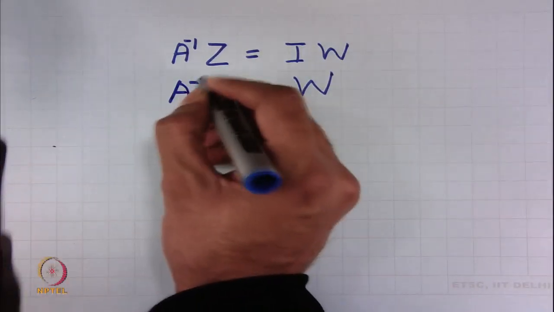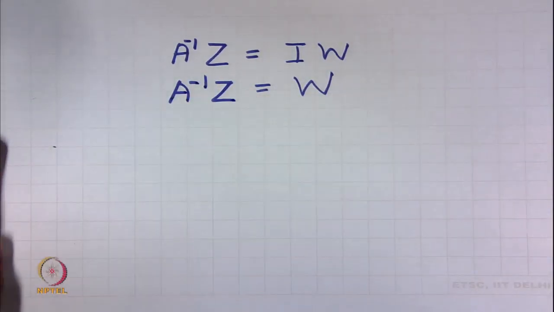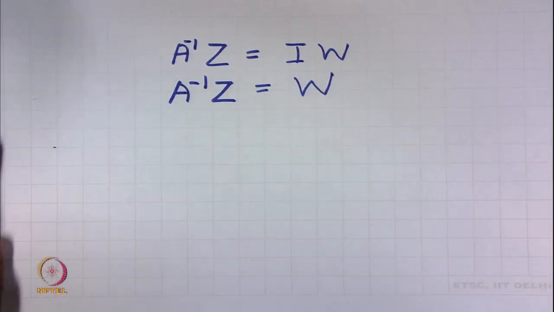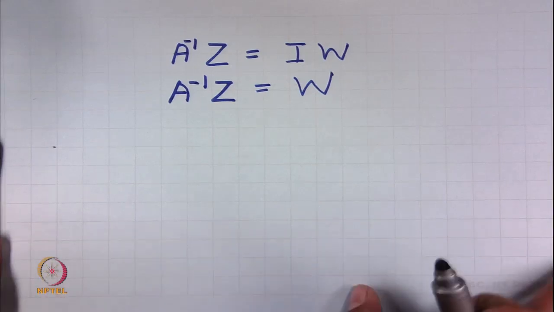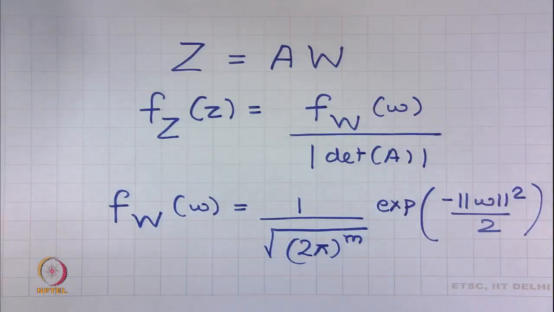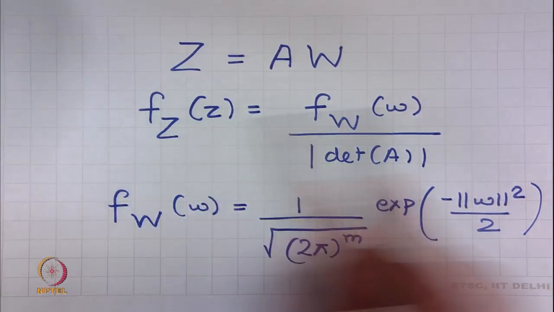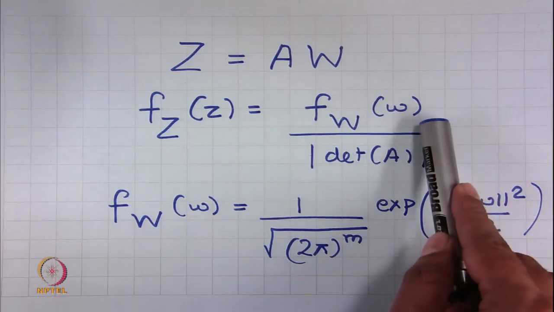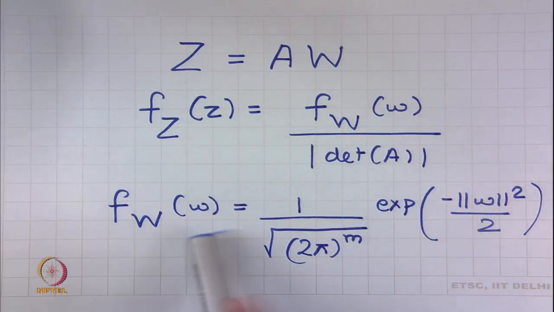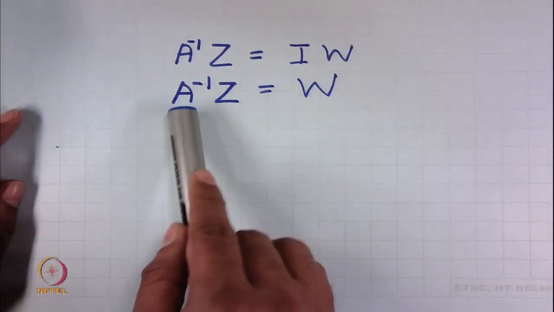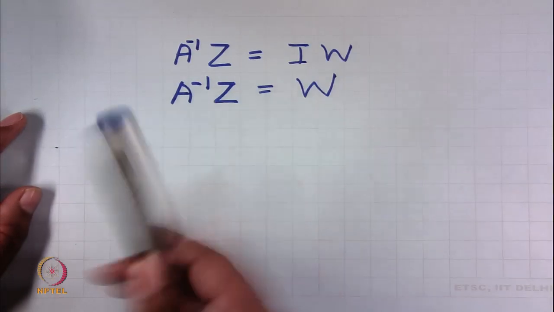So, we know that W vector is nothing but A inverse multiplied by Z. And now, what we want to do is find out the probability density function of Z in terms of the probability density function of W. And we have seen that vector W is nothing but A inverse times Z.